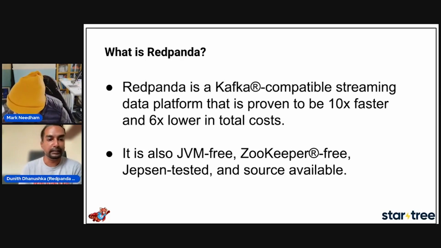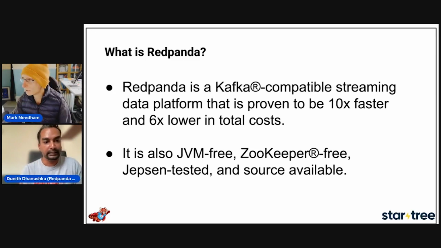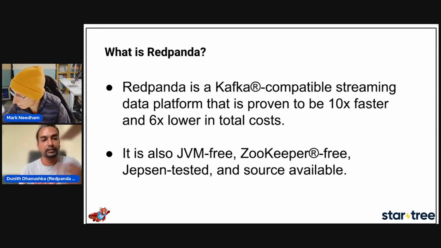And finally, Redpanda comes with more developer-friendly and operator-friendly features. For example, in Kafka, you deploy the schema registry and HTTP proxy separately, but in Redpanda, they are built into the Redpanda binary, so you don't have to deploy them separately.